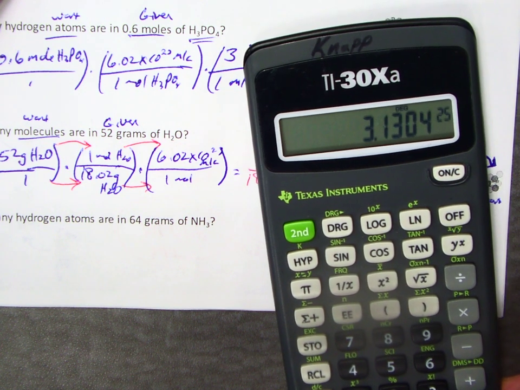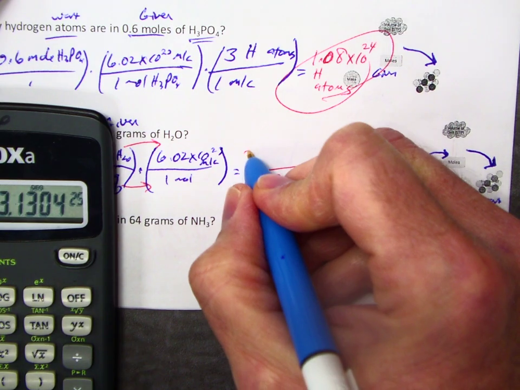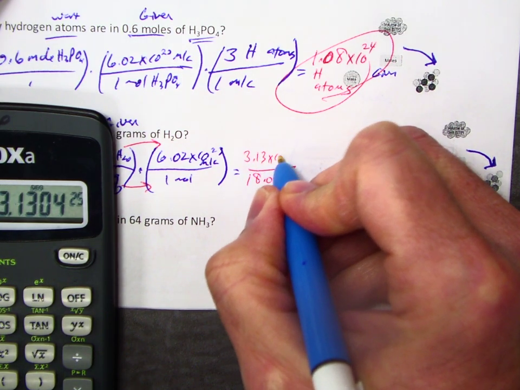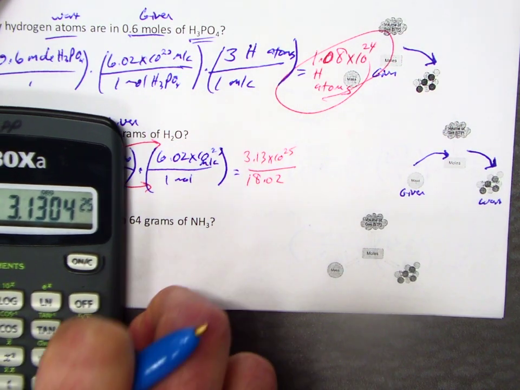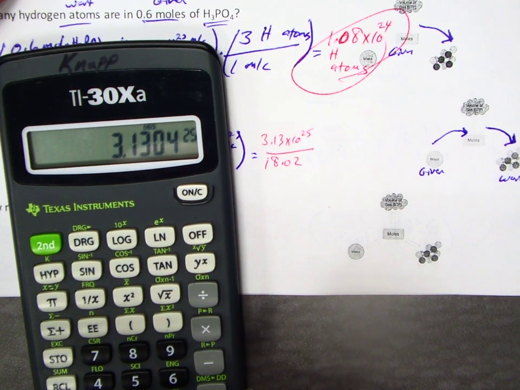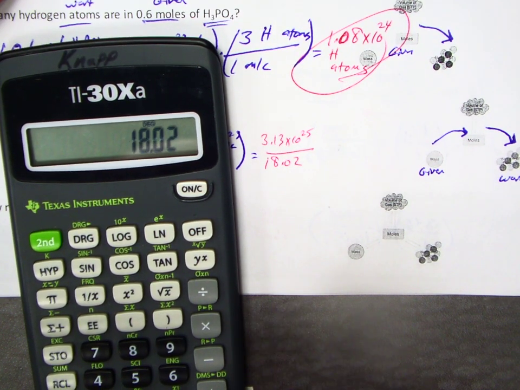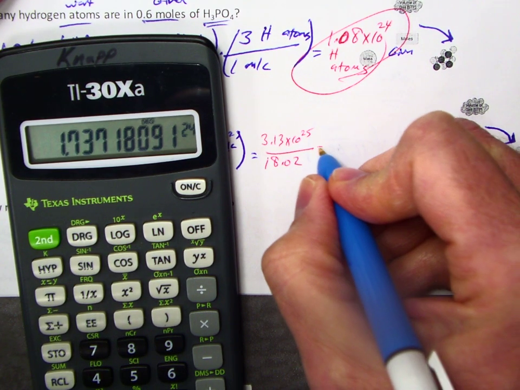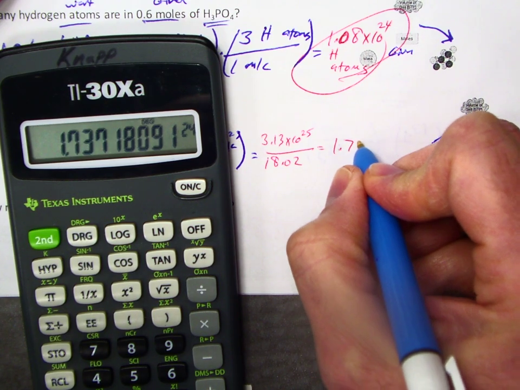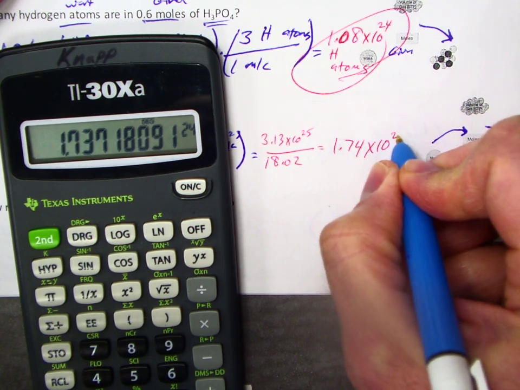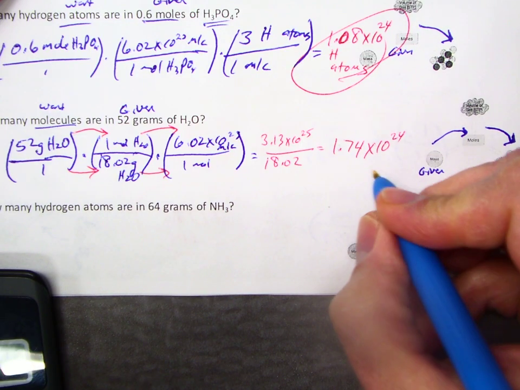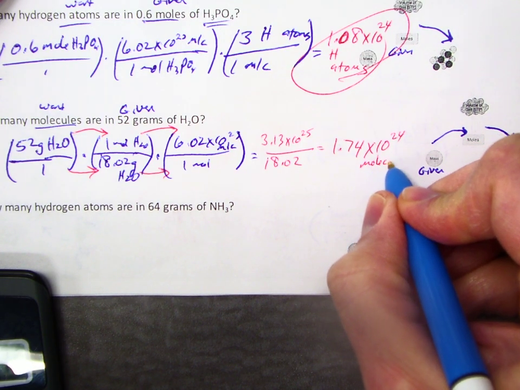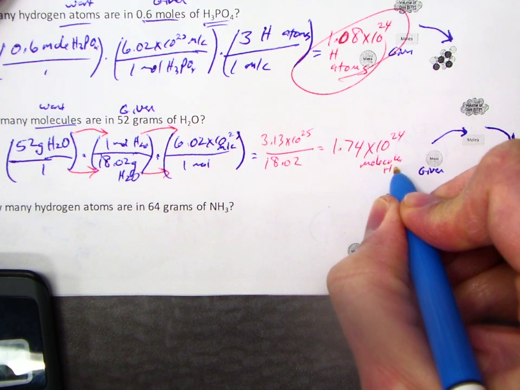And that gives us 3.13 times 10 to the 25. Then we need to divide that by our molar mass. And that gives us 1.74 times 10 to the 24. And we are looking for molecules of H2O.